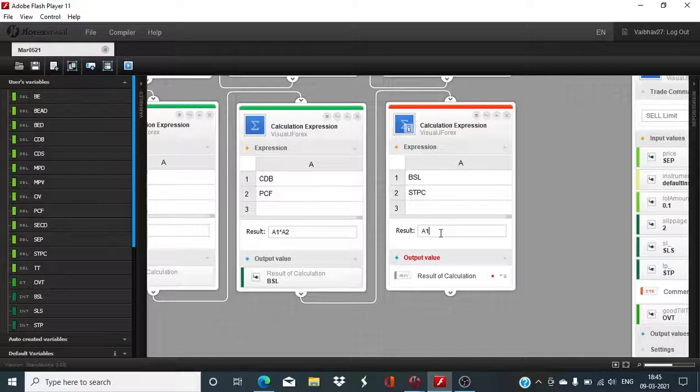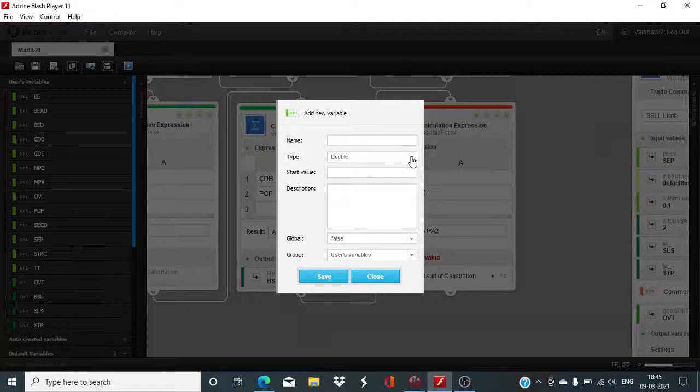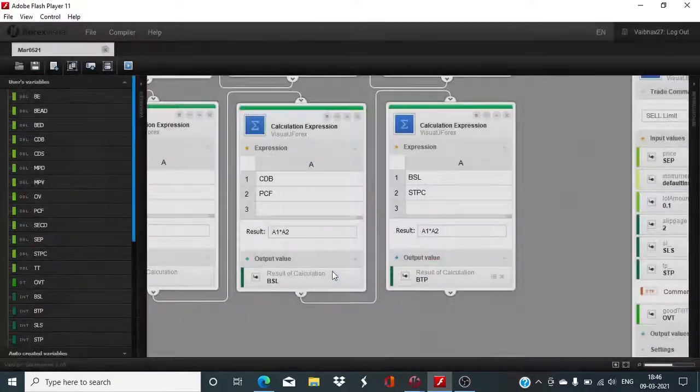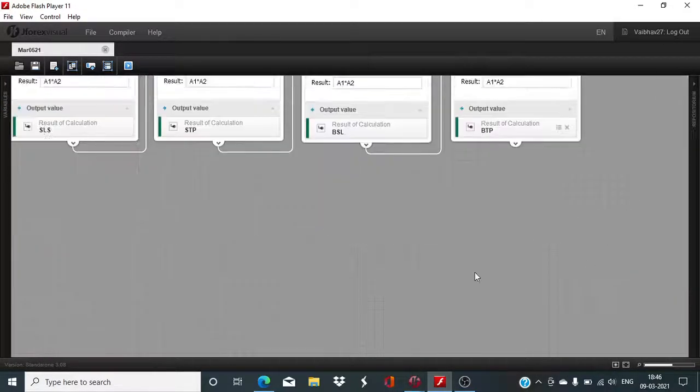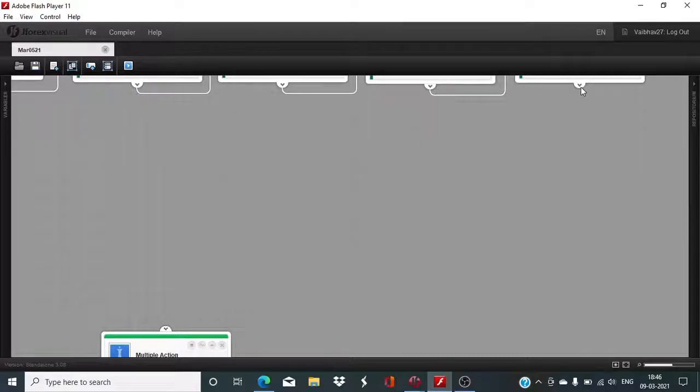Again, a1 into a2, and the result of the calculation, first we have to change it to integer, will be the buy TP. So now we have defined this.